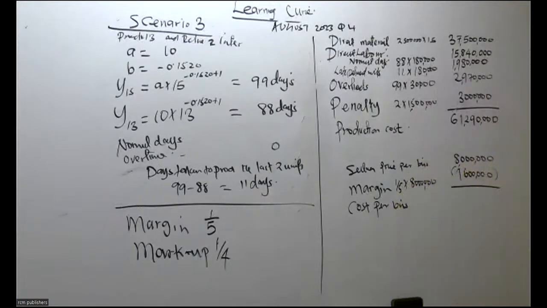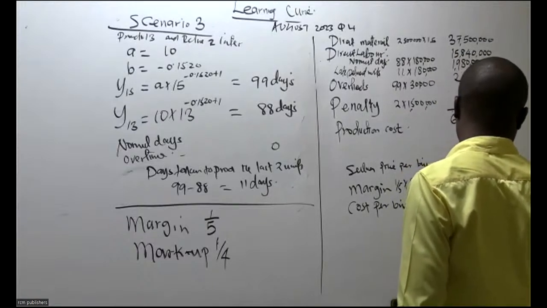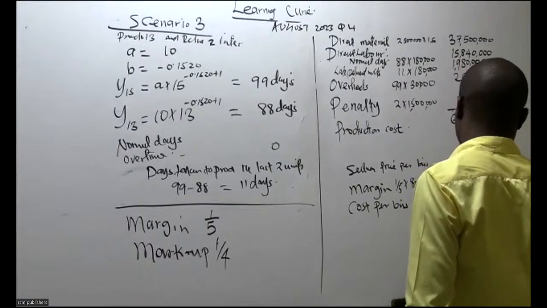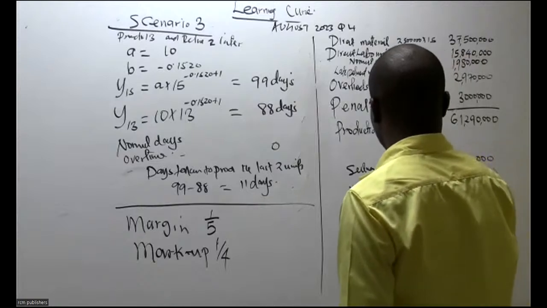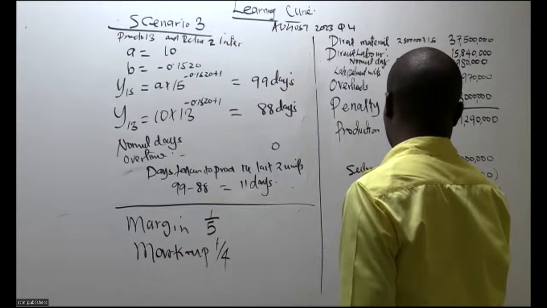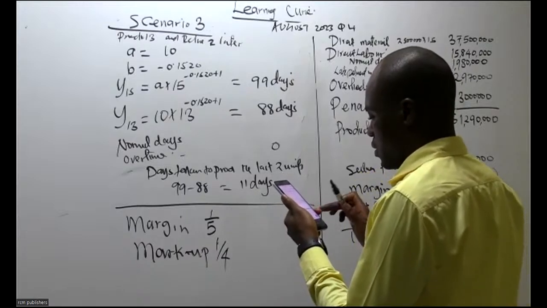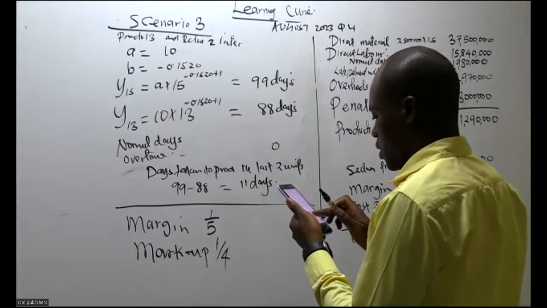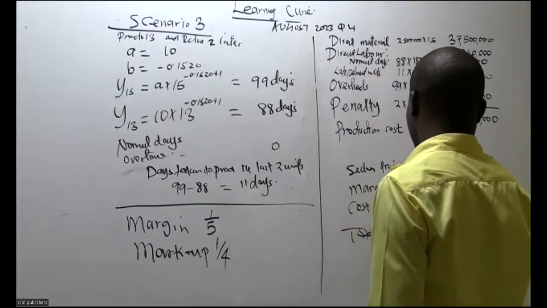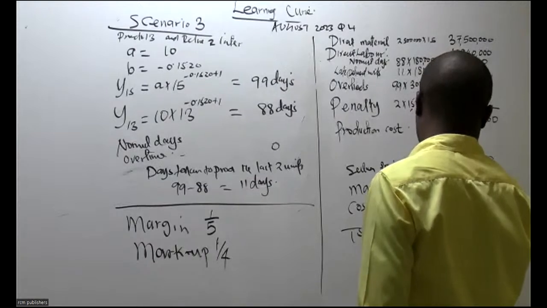Cost per bus unapata ngapi? 6,400,000. Now, one bus total cost, so total cost itakuwa 6,400,000 by 15.